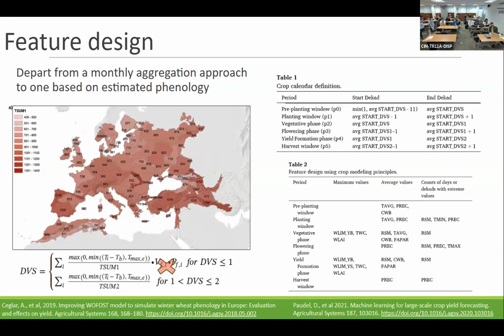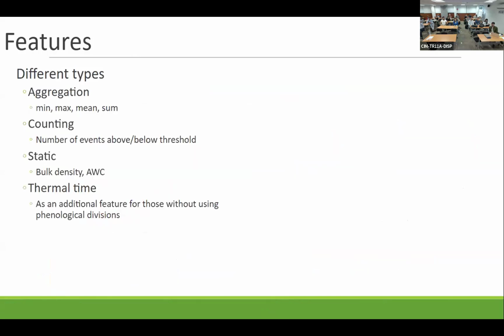And as an example of which variables to use and how to aggregate them, this also appeared in his paper: for some variables he included maximum values, for some he used average values, and so on. So we had different types of aggregation.